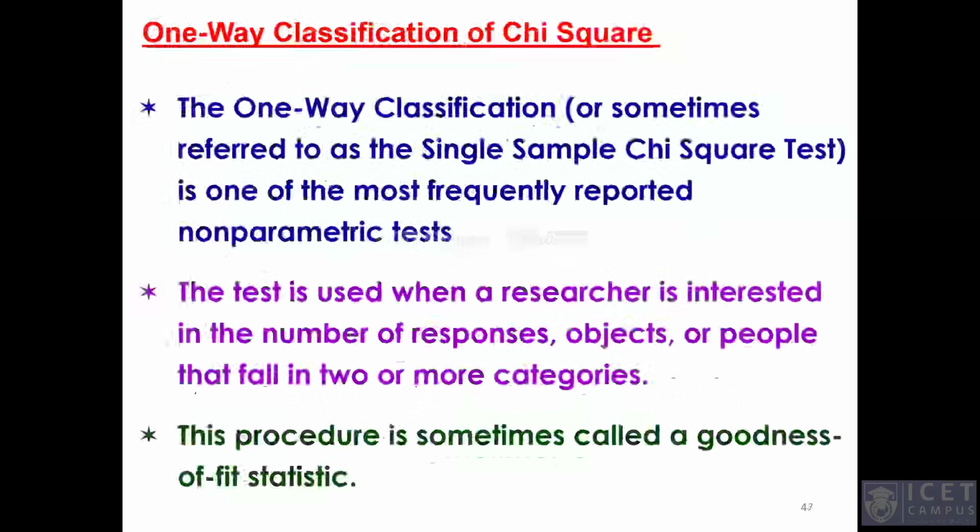One-way classification of chi-square. One-way classification, sometimes referred to as the simple single sample chi-square test, is one of the most frequently reported non-parametric tests.